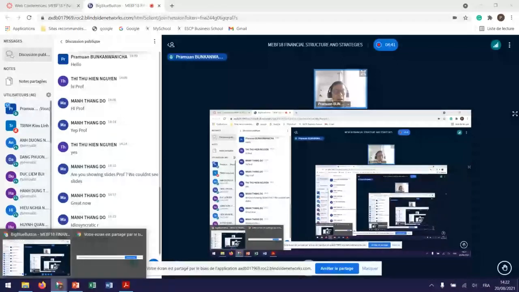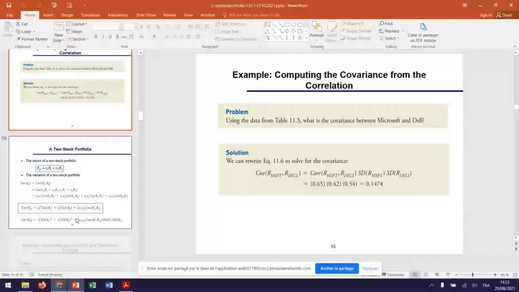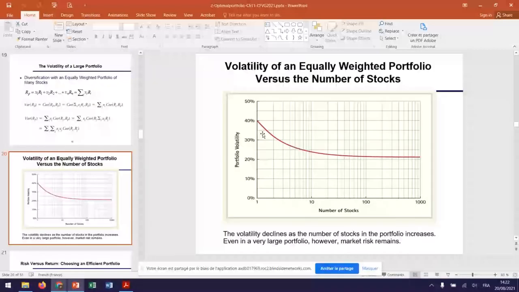Because of the diversification benefit, as you can see from this graph, as you add more stocks to your portfolio, the reduction goes down, until you cannot diversify anymore.